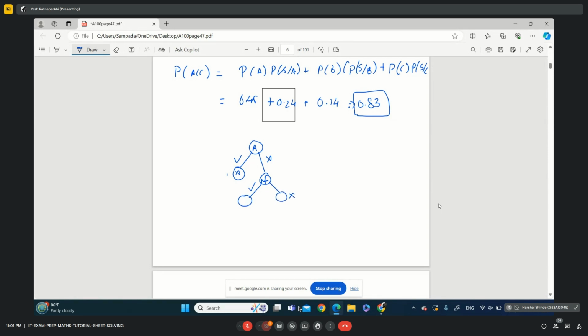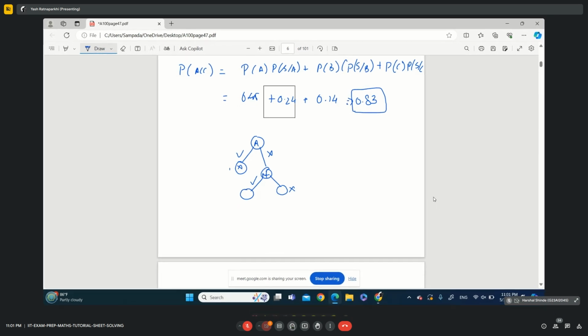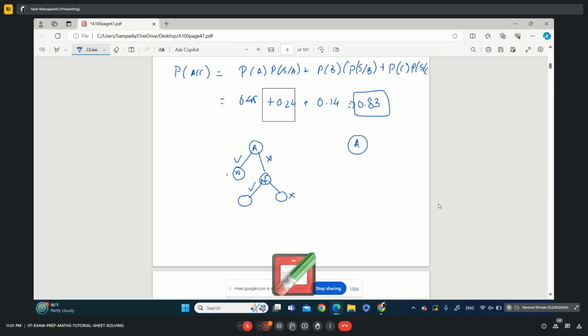Is this flow diagram clear to you, or should I explain it once again, very quickly? Okay, once again. There is a company A whose product is either accepted or not. The probability of accepting is 0.5. Am I right till here? Yes.